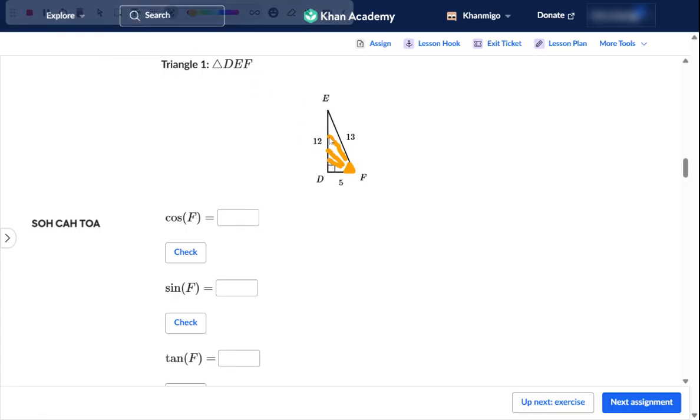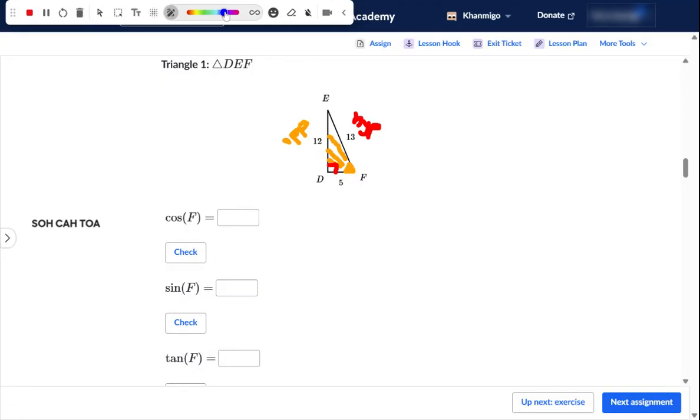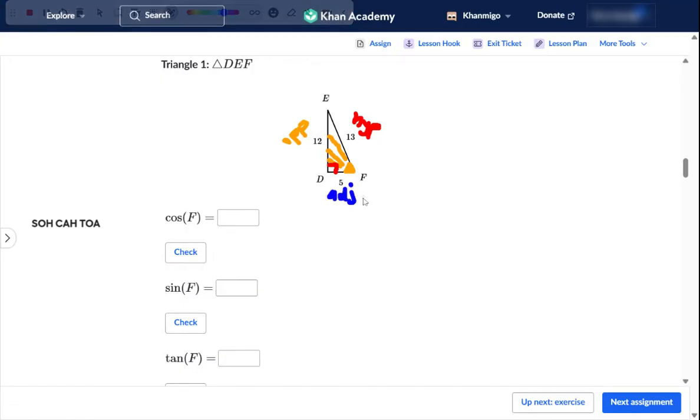The side the light would be hitting is again the opposite side. We always want to start by labeling our figure first. The side directly across from the 90-degree angle is the hypotenuse. The last one is adjacent.